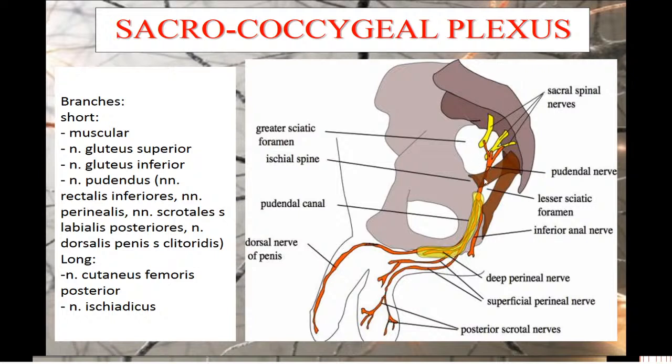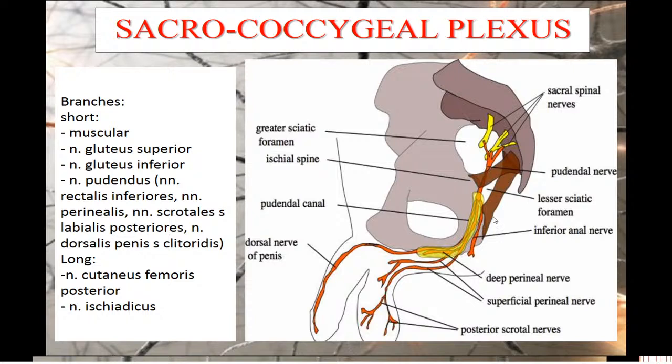Then it loops over the ischial spine and returns back to the pelvic cavity via the lesser sciatic foramen. Via this lesser sciatic foramen, it enters the ischiorectal or ischioanal fossa, where it gives off inferior rectal branches, also known as the inferior anal nerve.